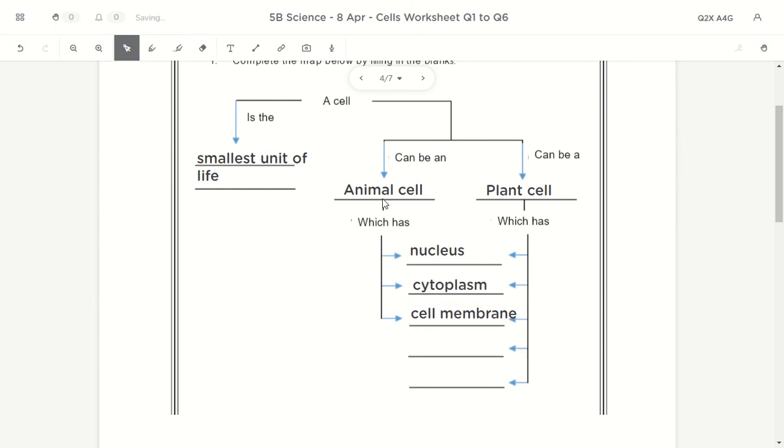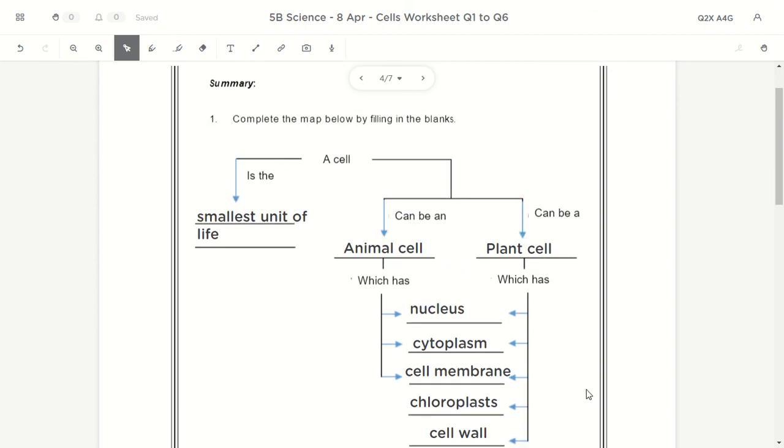So what is unique about plant cell is that they have chloroplasts. Only plant cell have chloroplasts, and only certain parts of the plant cell have chloroplasts. And the last part is your cell wall. Alright, so this is just a summary of all the main things about the topic.